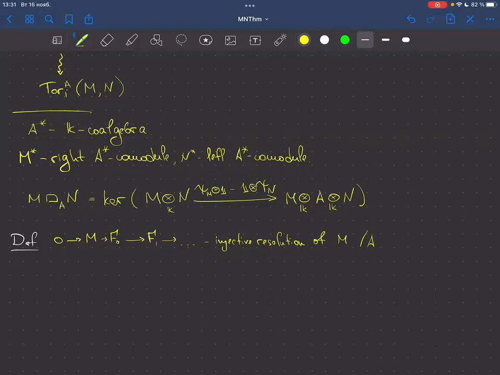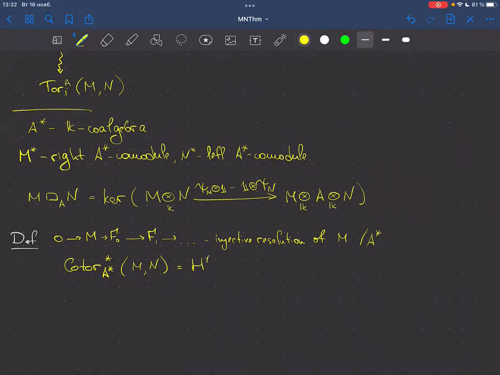Then we can define Cotor over A star from M to N, just as cohomology of such.